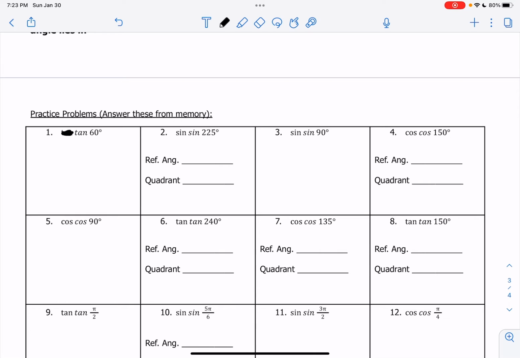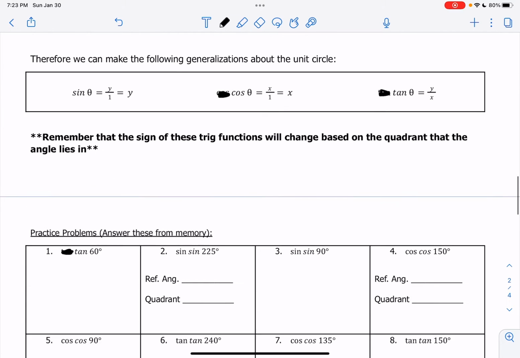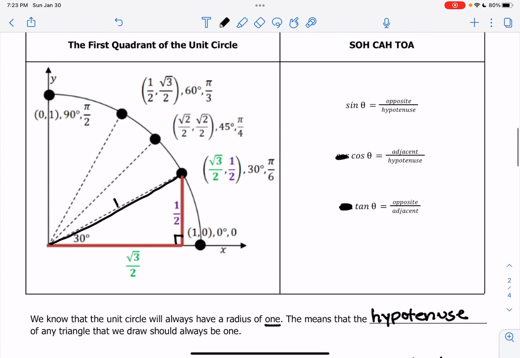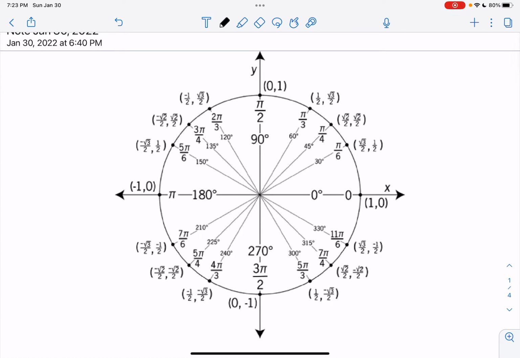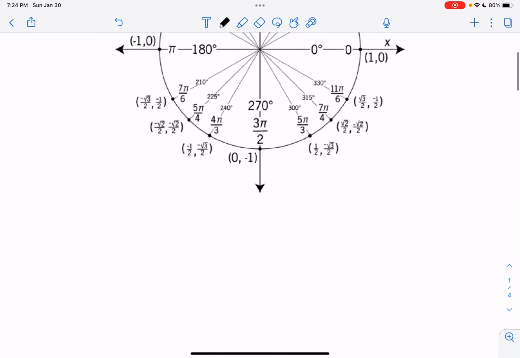This is the tangent at 60 degrees. So we'll look at our circle and go to 60 degrees, and I'm going to look at the ordered pairs. Tangent is y over x, so y over x is going to be the square root of 3 over 2 over a half.